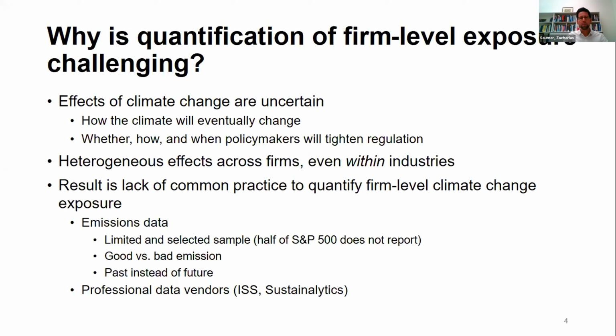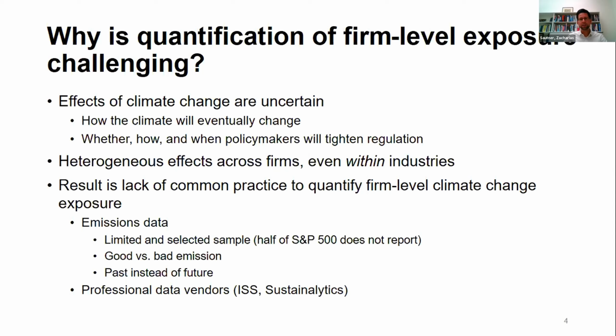Plus, another big problem with emissions data is that it primarily reflects the past instead of the future. And of course, what we care about in financial markets is forward-looking information, expectations about future emissions, and that is very hard to get.